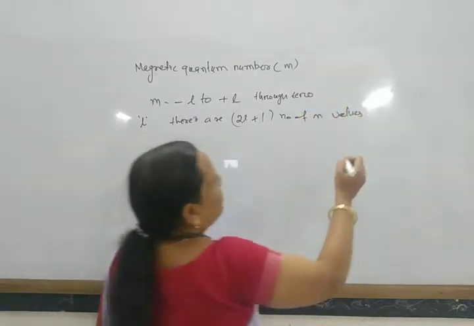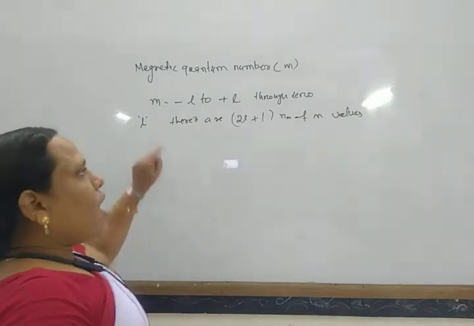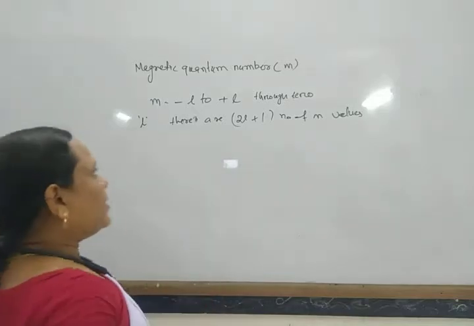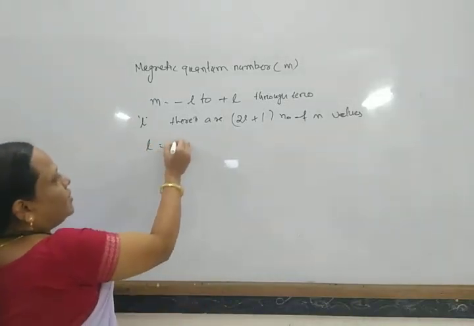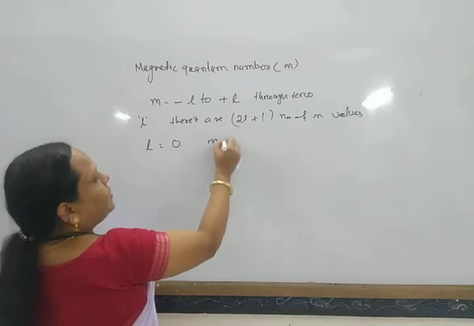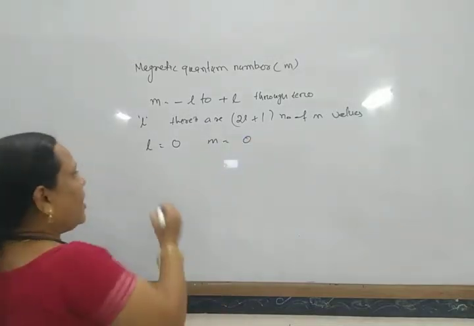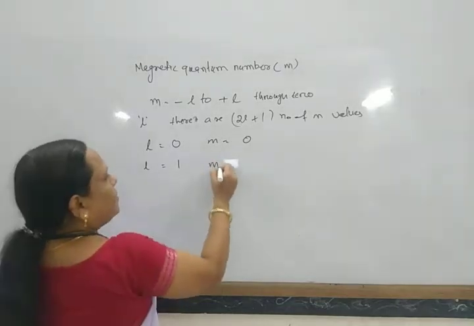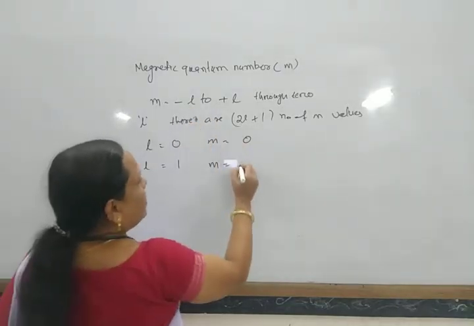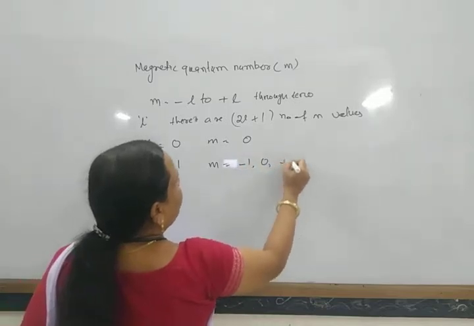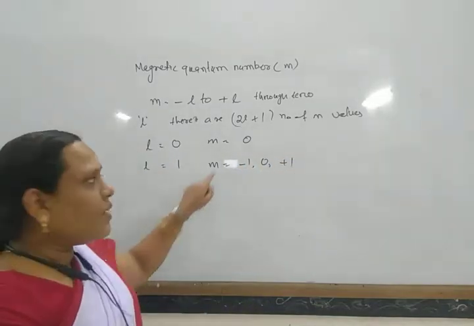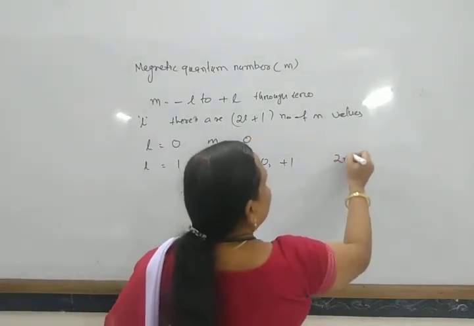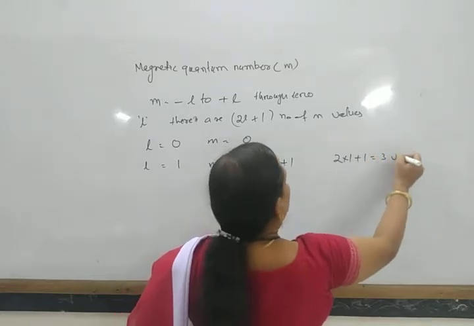In this way, it determines how many orbitals are present in a subshell. For example, when l is 0, m is also 0. When l equals 1, m is minus 1, 0 and plus 1. And how many values? 2l plus 1, so 2 into 1 plus 1, that is 3 values.